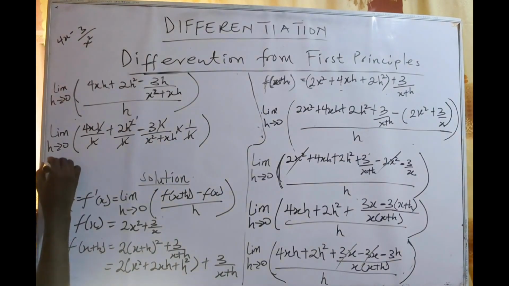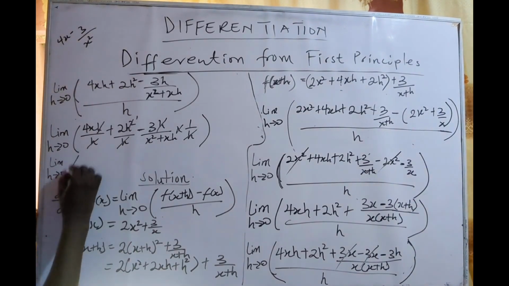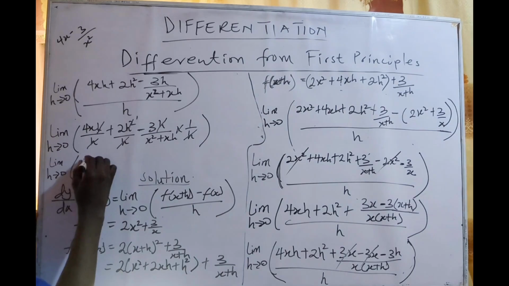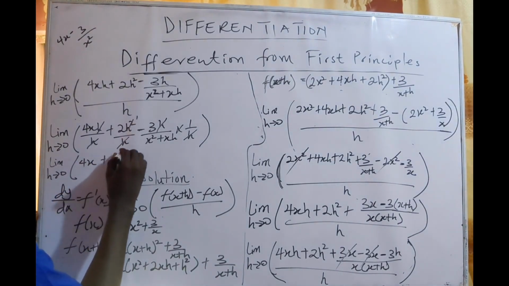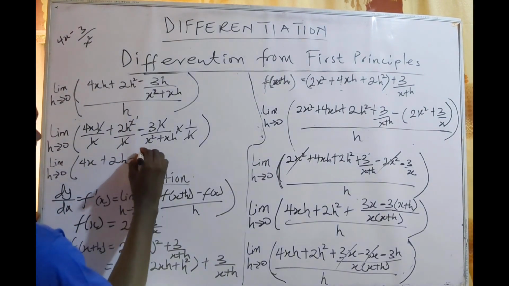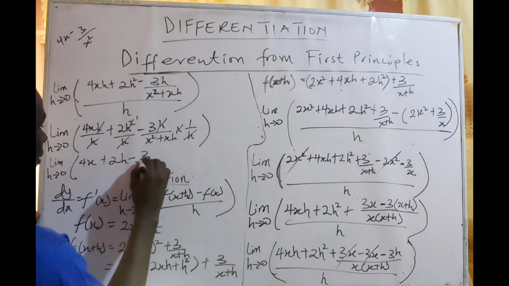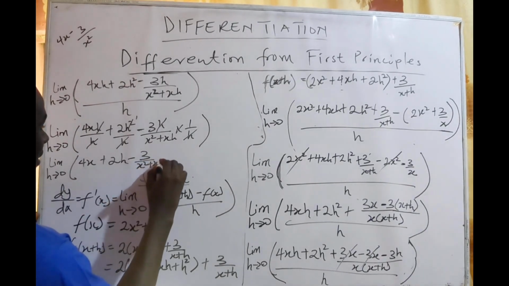So now we can say our limit as h approaches 0 is going to be 4x plus 2h minus 3 on x squared plus xh.